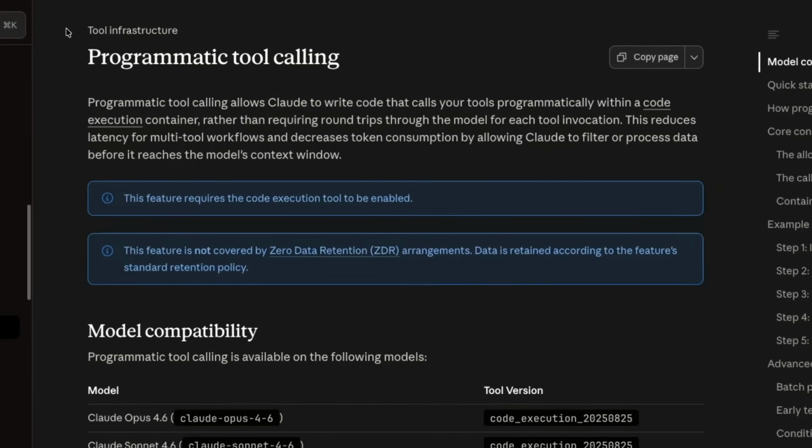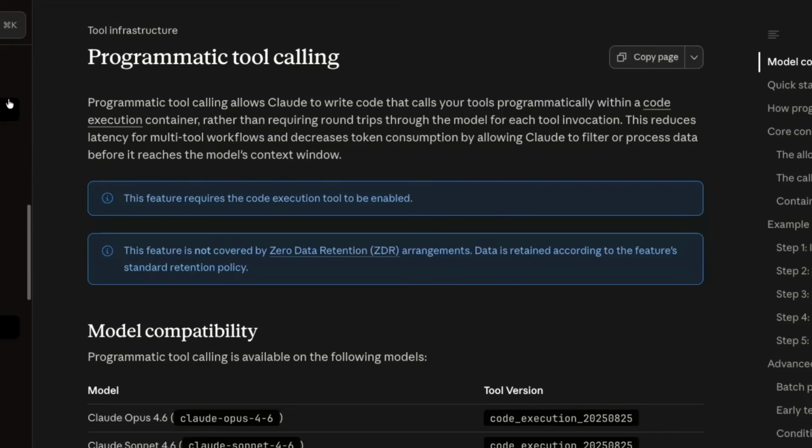A good example of this is programmatic tool calling. This is definitely one of the killer features that a number of models are starting to use nowadays. The idea was introduced way back with OpenAI and then later with the Gemini models, where you've got a sandbox or a sort of code execution environment, and the model can then write code, run that server side, and execute that.